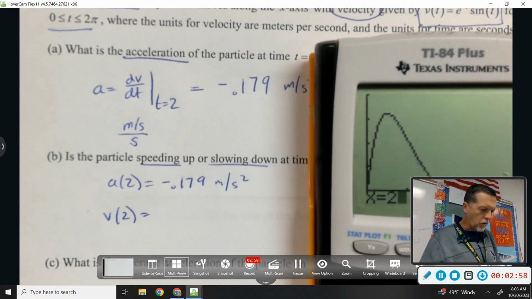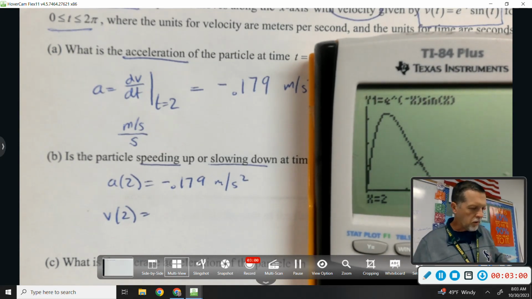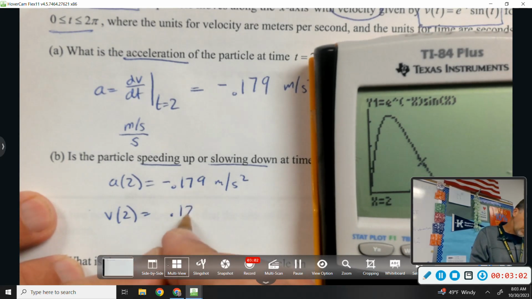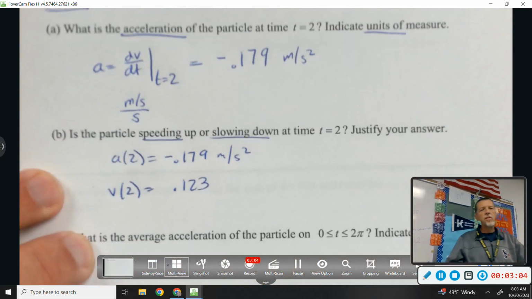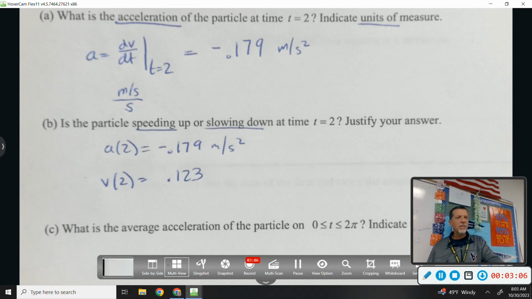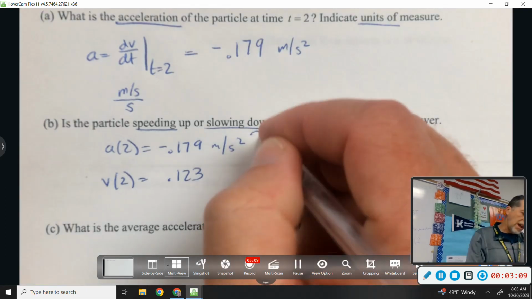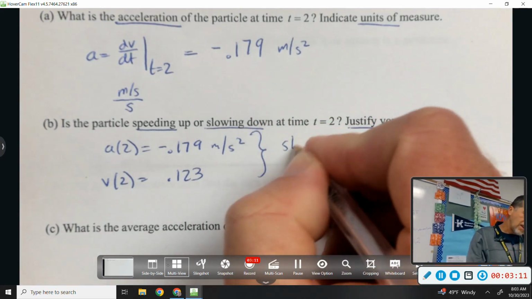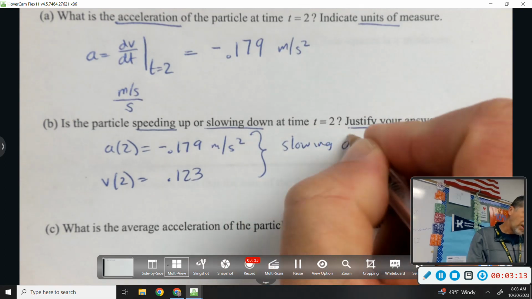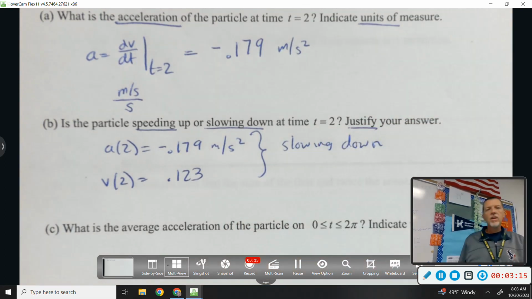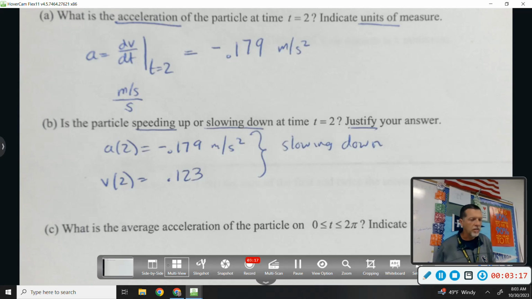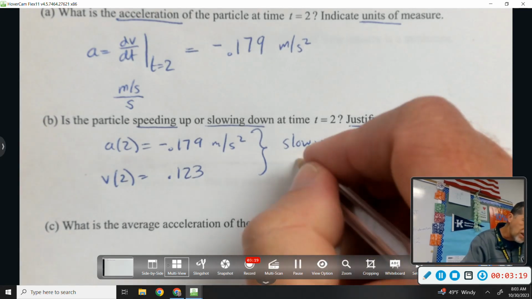Value at 2 is 0.123. So what's my answer? Speeding up or slowing down? Slowing down, and why? What's the justify? The signs are different. A and V have different signs.